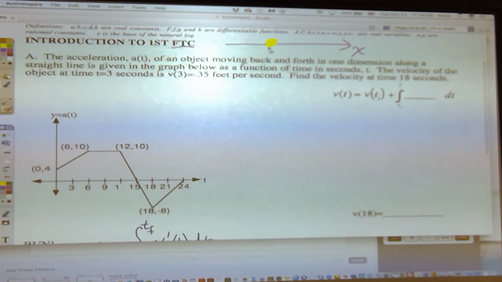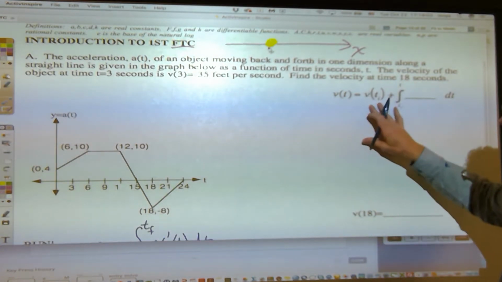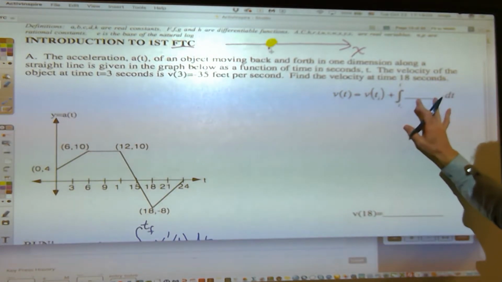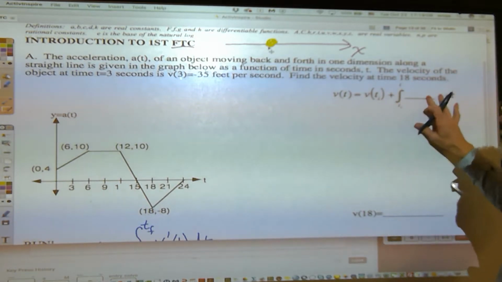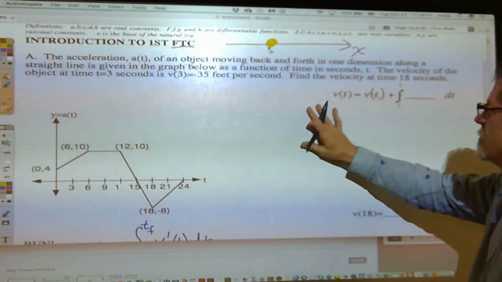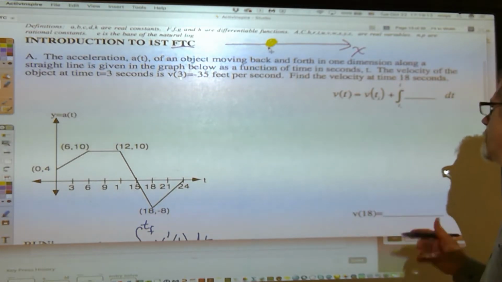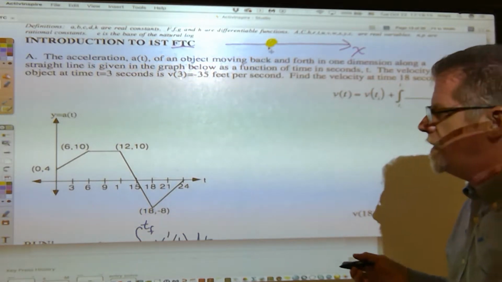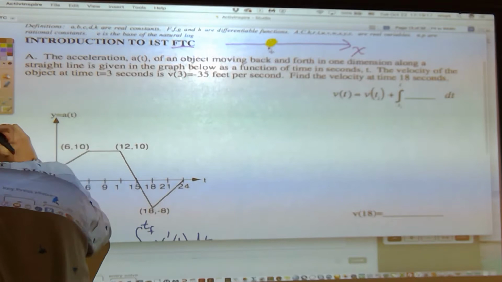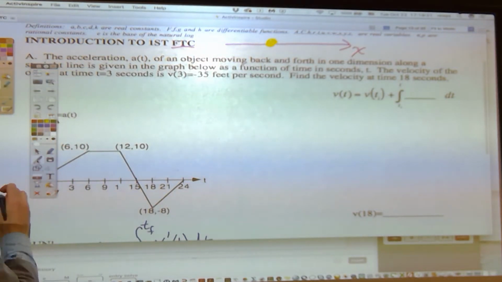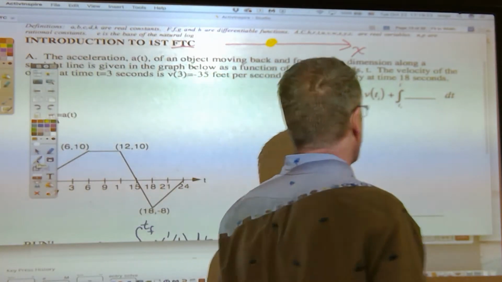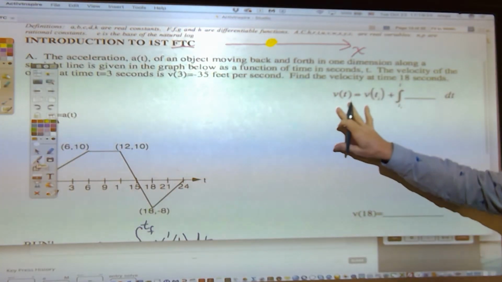Well, here's the idea. Final position equals initial position plus the net change in position. Final velocity is the initial velocity plus net change in velocity. It doesn't matter whether it's position, velocity, or acceleration. We're going to use the idea that final equals initial plus net change. So this is final velocity.